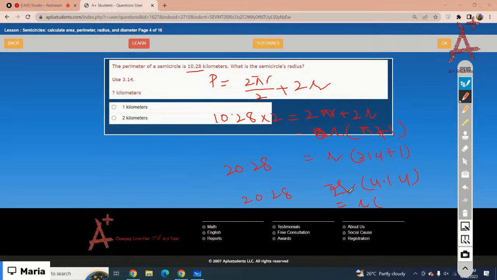Here you have 2r. Add 8.28 to it and just divide. So it would be 2 kilometers. Got it? The correct option is 2 kilometers.